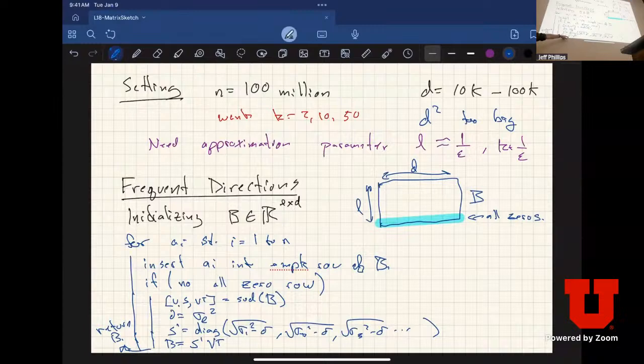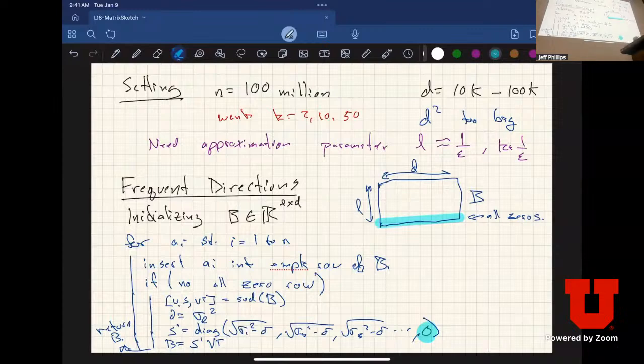When I do this at the end, the last term of S prime needs to be 0. This ensures that the last row is empty because sigma_L squared is equal to delta, so I subtracted it and the last term is always 0. And so afterwards, the last row is 0.